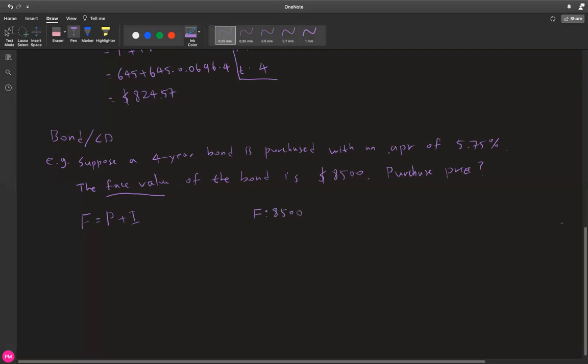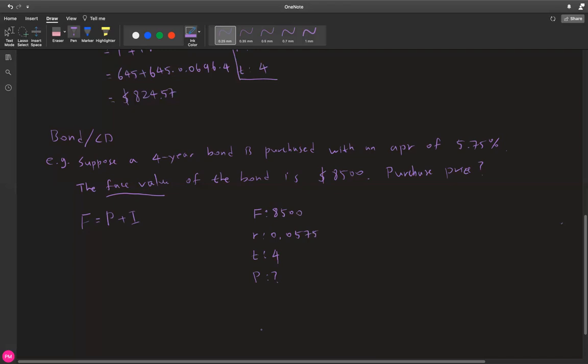We also know that the APR was 5.75%, so it's 0.0575. And the term was 4 years. And you are trying to find the P, the principal.